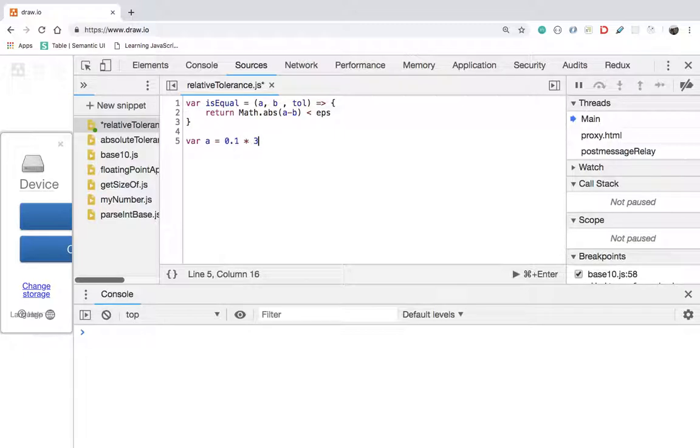Instead of writing 0.1 twice again, I'm multiplying it by 3, and var b is 0.3. Now I'm assigning variable x the value 1 lakh point 1, and var y is 3 lakh point 3.